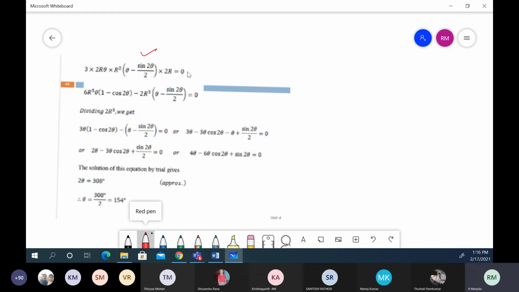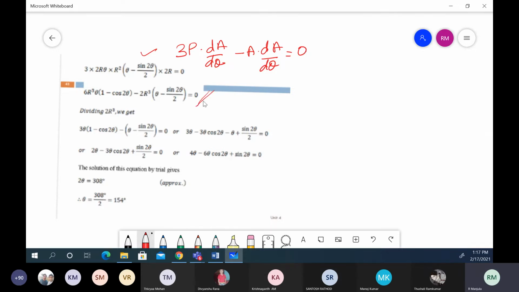So you are substituting the values of A, dA by d theta, dP by d theta, and P, in 3P into dA by d theta minus A into dP by d theta equal to 0.